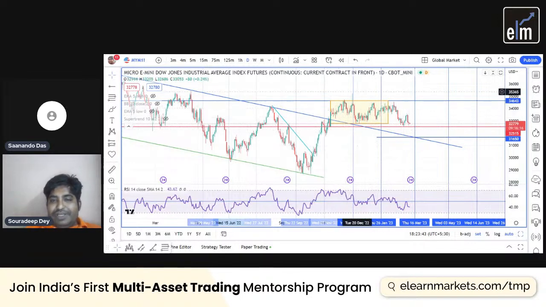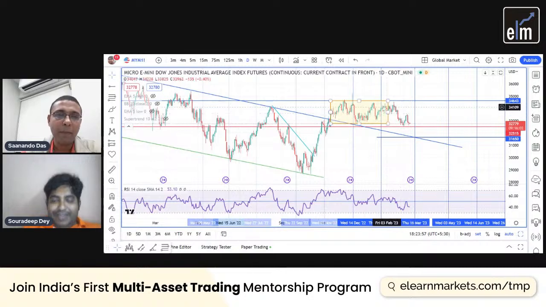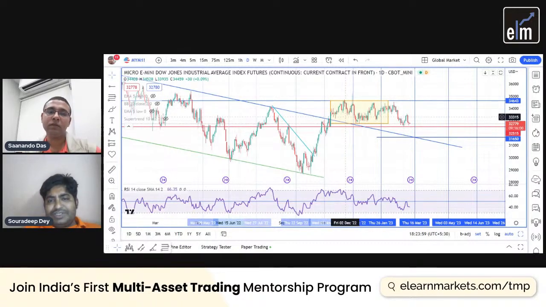So this is a 2,100 point range, for an index of a 35, 36,000 base. It is just 6%. Very rarely does an index of such importance remain in this range for such a long time.